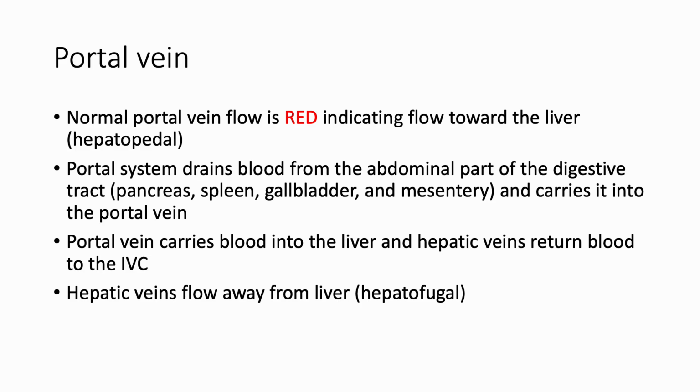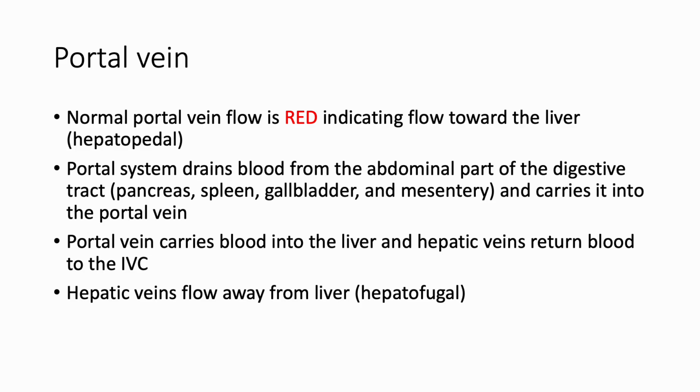The portal system is going to drain blood from the abdominal part of the digestive tract, which is pancreas, spleen, gallbladder, mesentery, and carry it into the portal vein. The portal vein is going to carry blood into the liver, and then the hepatic veins are going to return the blood to the IVC. The hepatic veins are going to be blue. They are going to take blood away from the liver.